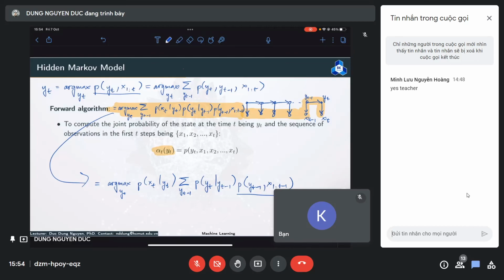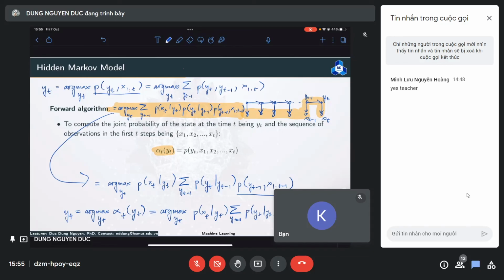That term says yt equals argmax over yt of alpha t of yt, which is equal to the argmax over yt of p of xt given yt, multiplied with the sum over yt minus 1 of p of yt given yt minus 1, multiplied with alpha t minus 1 of yt minus 1.